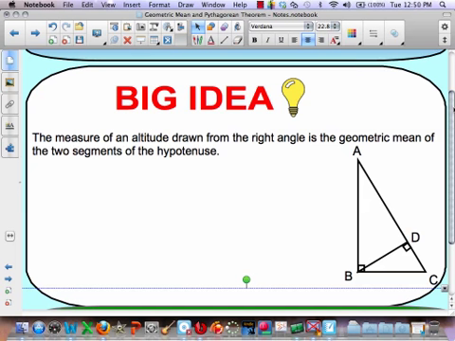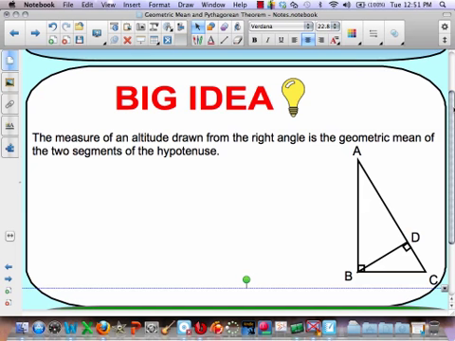All right, I would agree. So the measure of an altitude drawn from the right angle is the geometric mean of the two segments of the hypotenuse. All right, let's try to piece this together as a single equation formula.